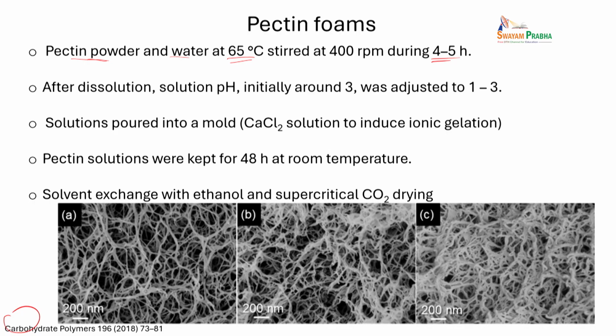So as you can see here, these are some images that show how porous these networks are. The thread like, fiber like structure that you see, you will see if you open an orange and look at the inner wall, this kind of very stranded structure.